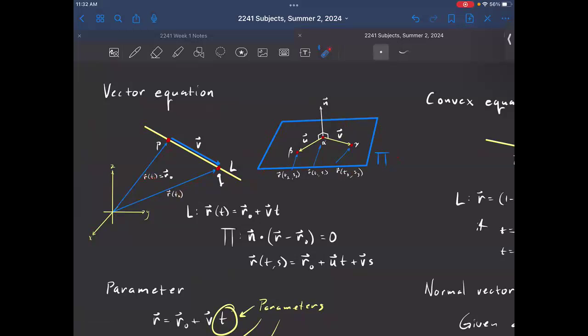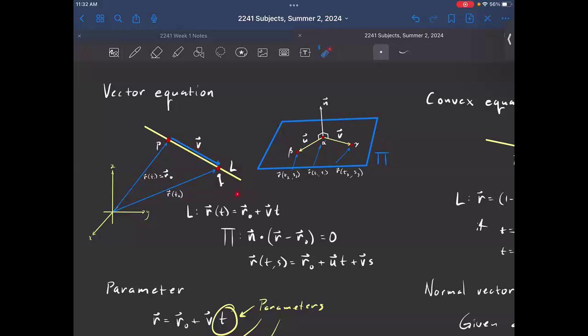And if I pick T1 as my starting value, I get R0 right here. And I take the difference of these two values of R, or the difference between these two points Q and P, and I get my vector V.